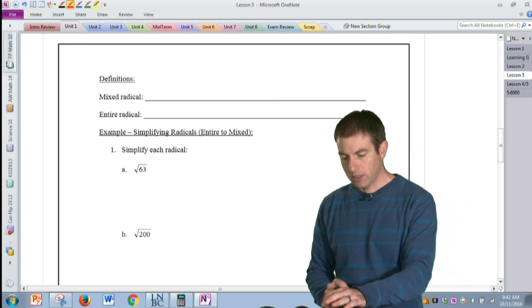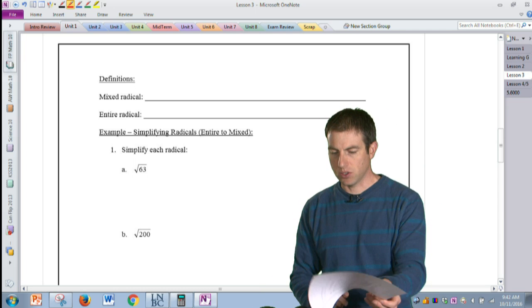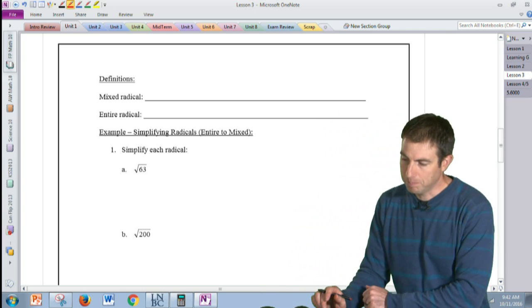So a mixed radical and an entire radical, these are definitions we need to go with.